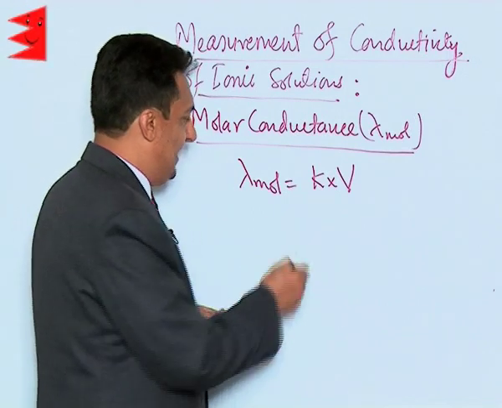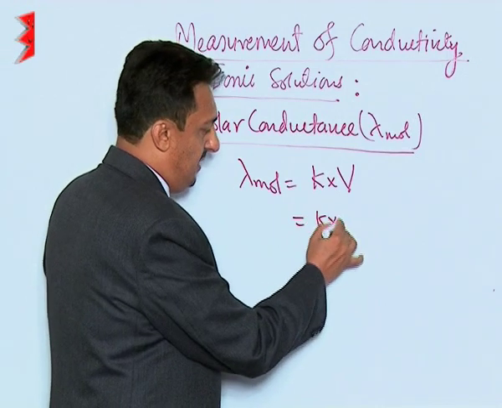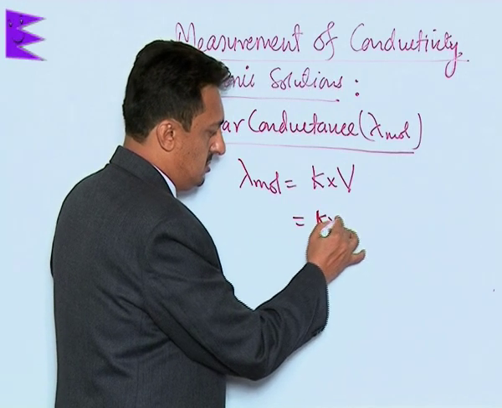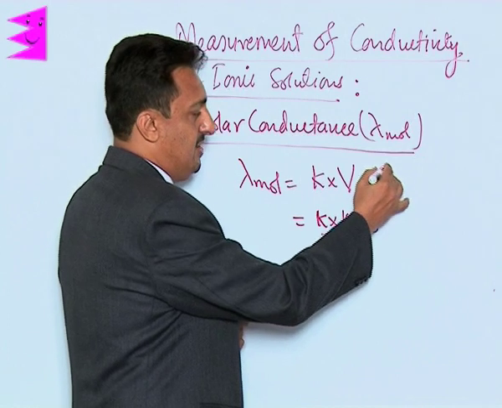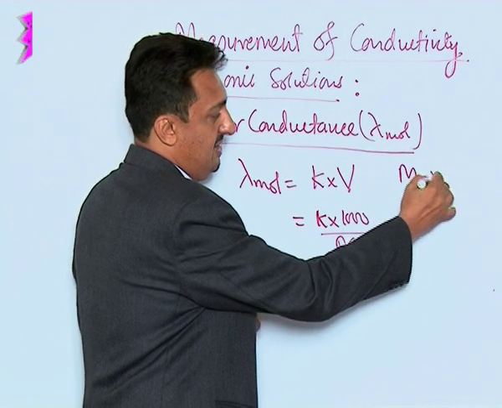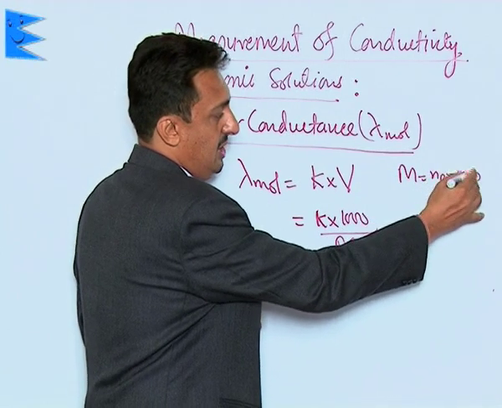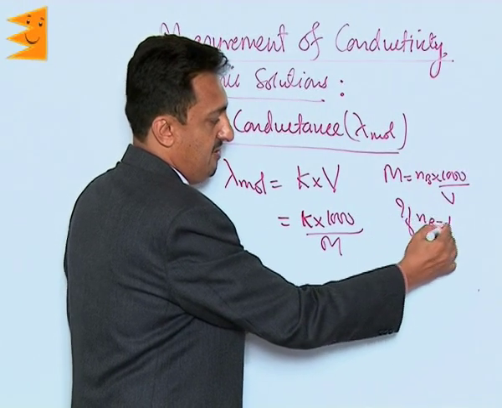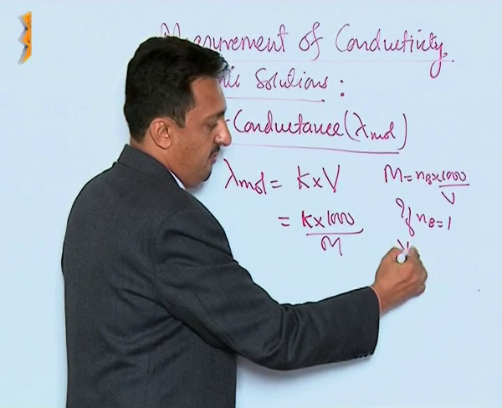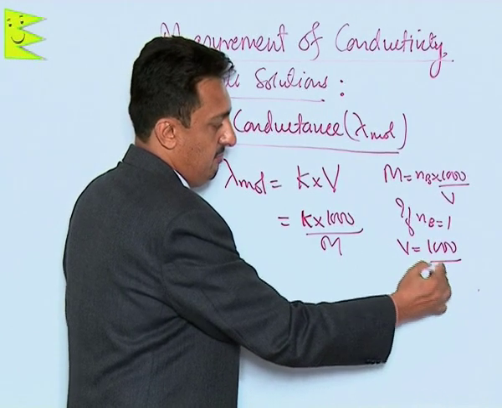So we can write it as kappa into 1000 upon molarity, because we know that molarity is equal to number of moles into 1000 upon V, and if we have number of moles of the solute as 1, the volume will be 1000 upon molarity.